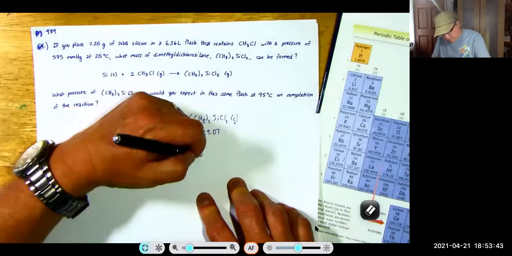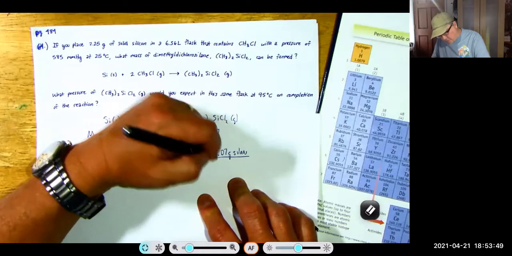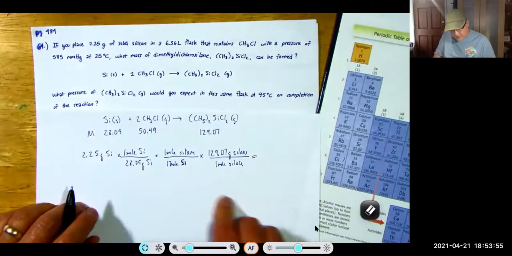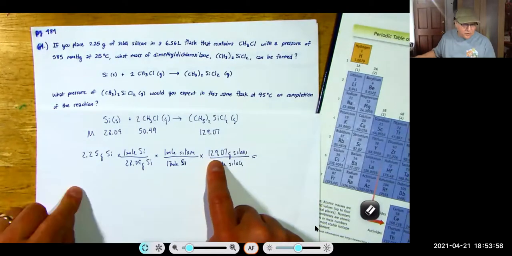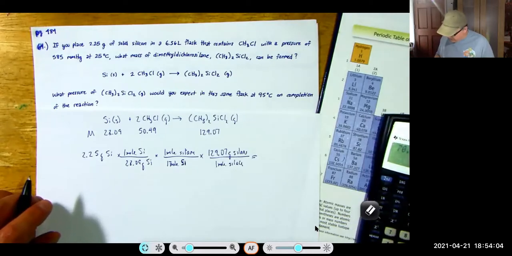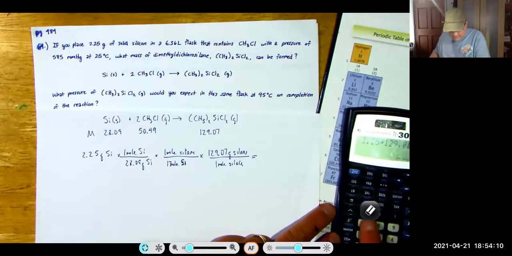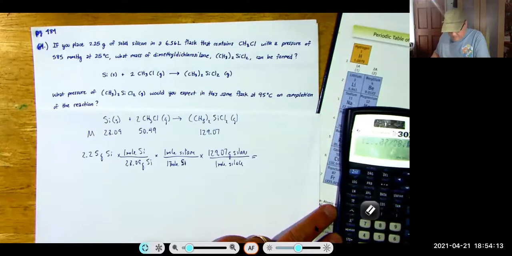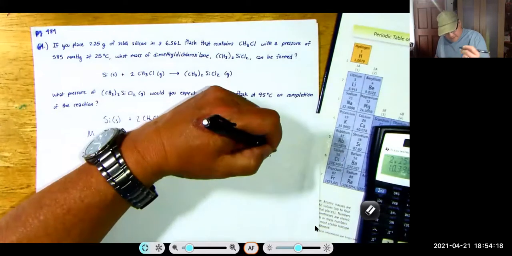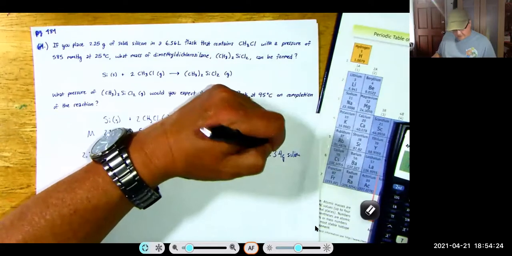And then we're going to multiply by 129.0 grams of silane per 1 mole of silane. When we multiply these numbers out, 28 should go into that about 5 times. 5 times 2.25 is around, well, I don't know, 12, something like that. And we get 10.34 grams of silane. And that's good to the 3.